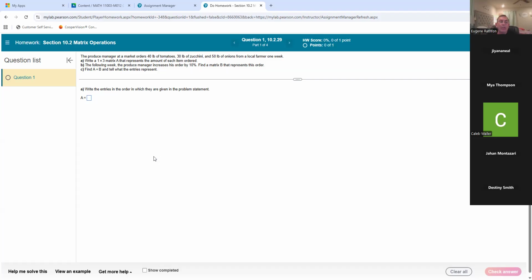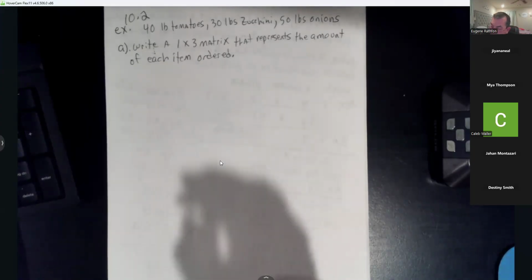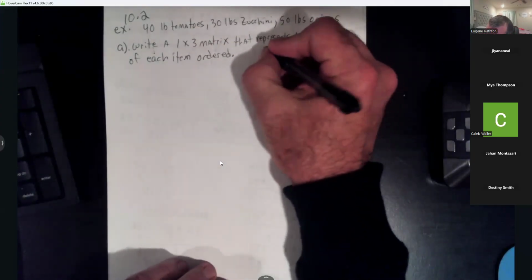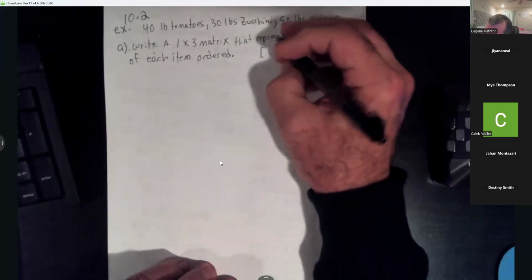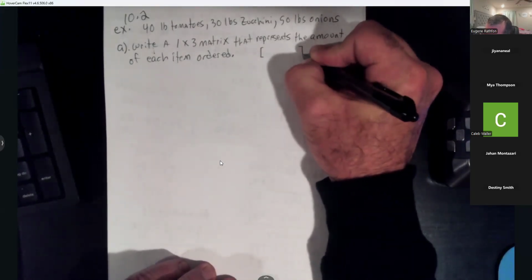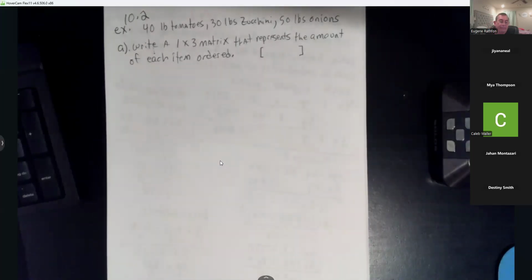Okay, so I'm going to go back to my pad and show you what we're going to do to this. Now, since we're dealing with a matrix, matrices are represented by brackets.